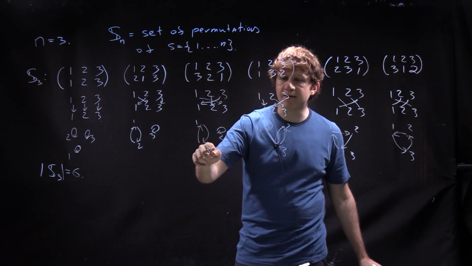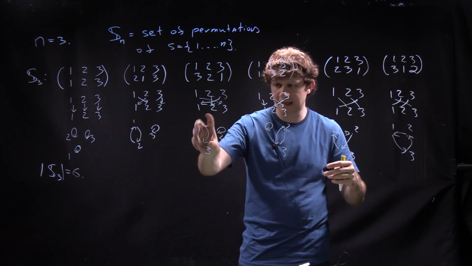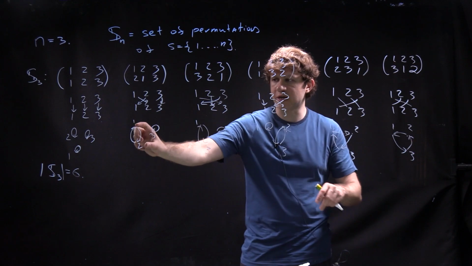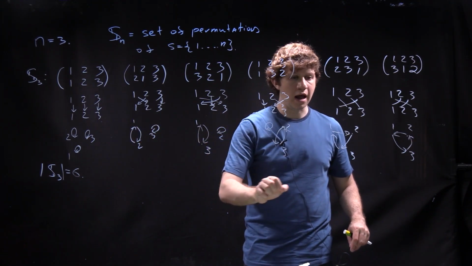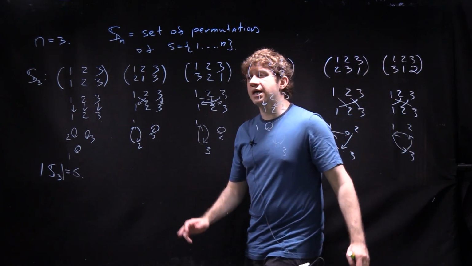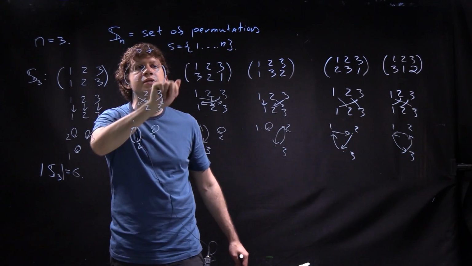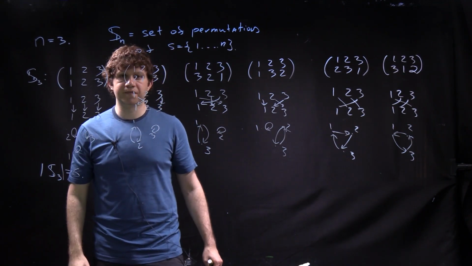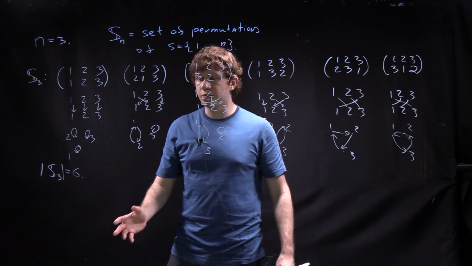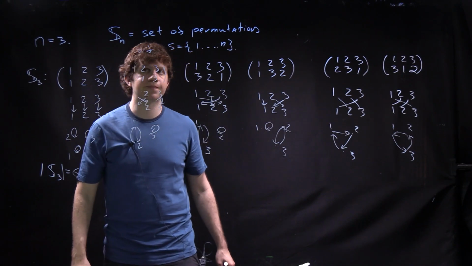There are these cycles, sequences of elements which exchange in a cyclic pattern. 3 permutations have a cycle of length 2, and these 2 have a cycle of length 3. So when you see all of that, you start to understand that maybe this structure of the set of permutations is rich. And indeed, we will talk a little bit about that, and you will learn much more in the Groups 1, Algebra 1 course when you take it.